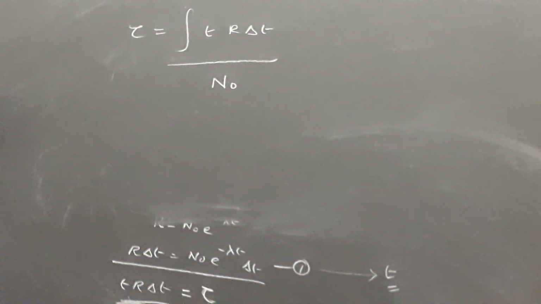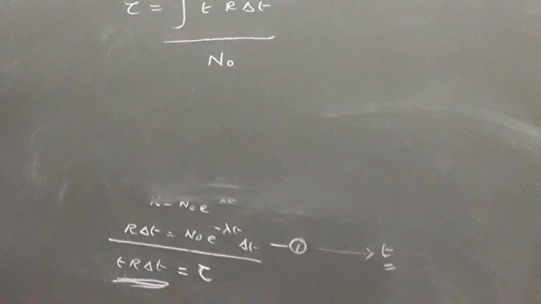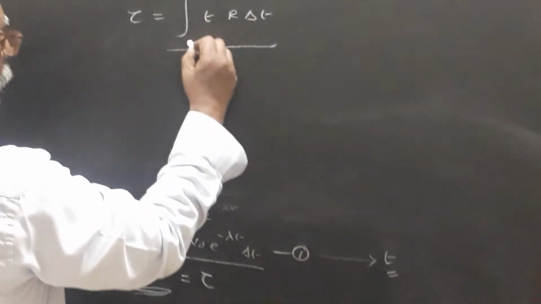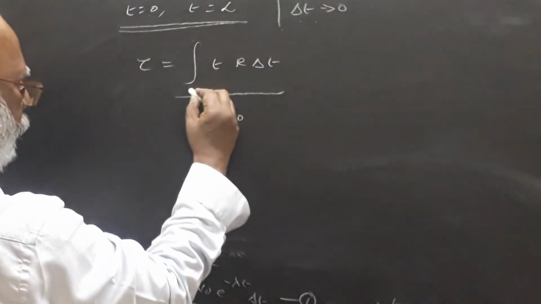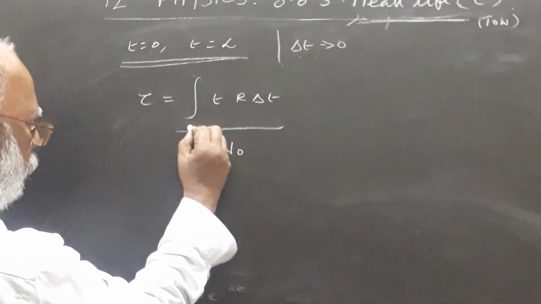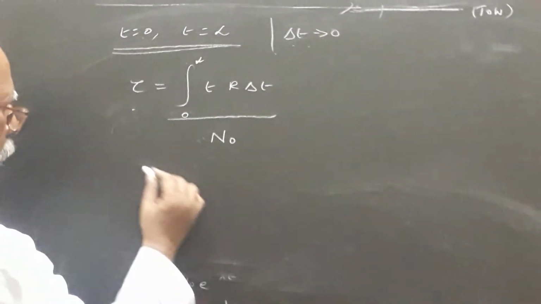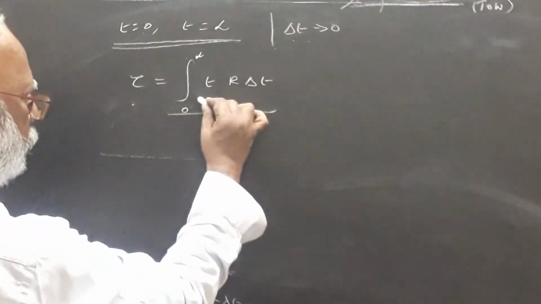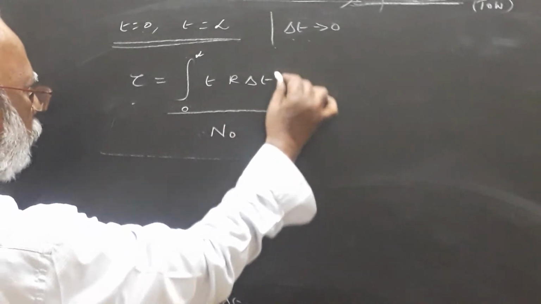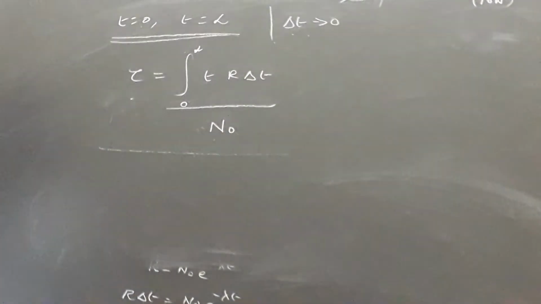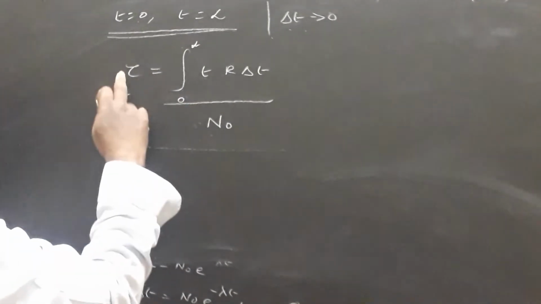Here the limits of integration are 0 to infinity. This is called mean life. It is the integration of total nuclei by initial nuclei.